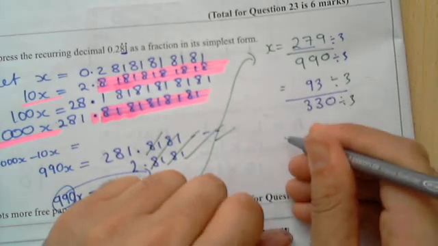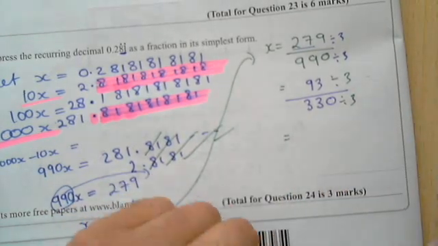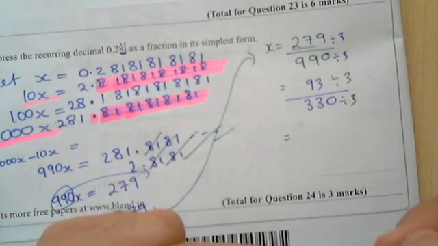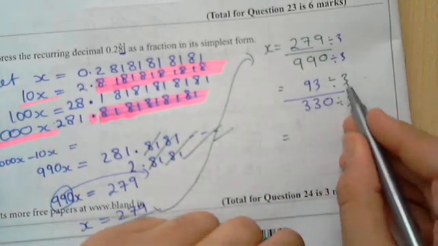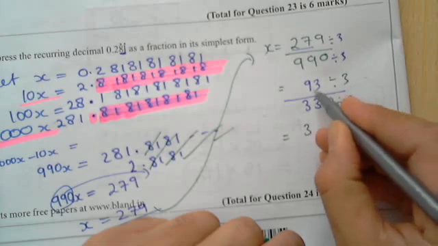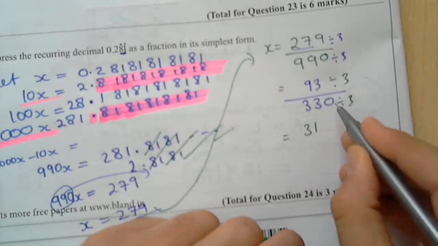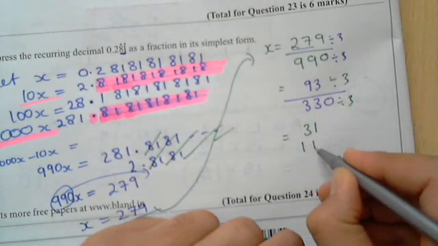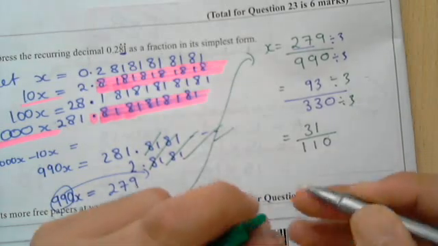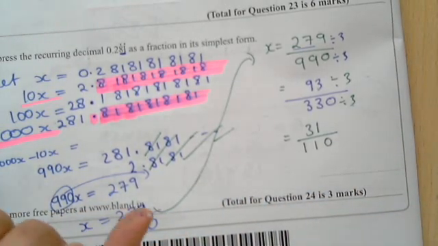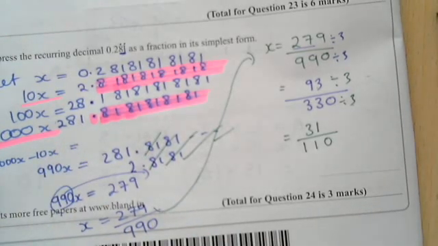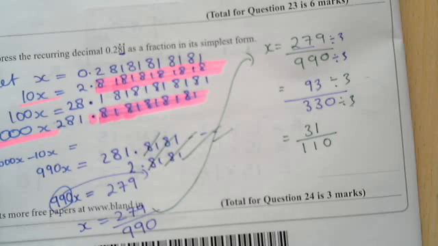So we are simplifying this fraction without using a calculator. 3 goes into 9 3 times, 3 goes into 3 once, 3 into 330 will give you 110. So we now have 31 over 110. 31 is a prime number, so we can't go any further. So that is our final answer.